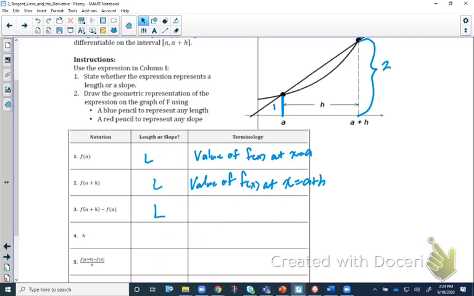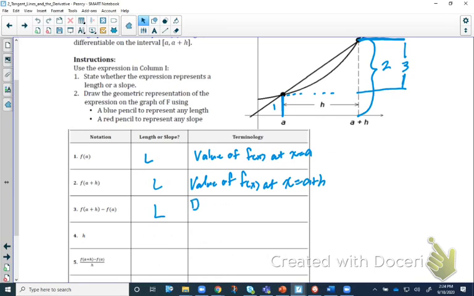So from here to about this point here, because if we just kind of come across, it'll be about that point. From here to here, this is 3. That's row 3, the difference between f of a plus h and f of a. And that's exactly what I'm going to write here.